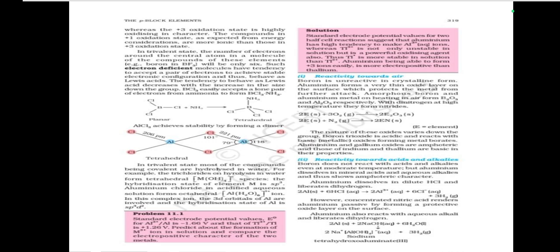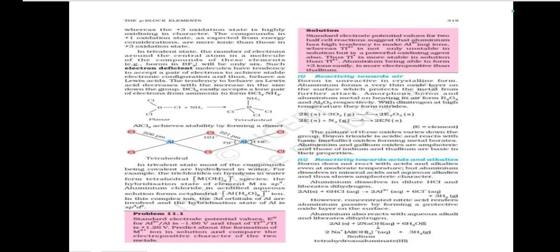Aluminum chloride in acidified aqueous solution forms the octahedral [Al(H2O)6]3+ ion, and in this complex ion the 3d orbitals of aluminum are involved and the hybridization state of aluminum is sp3d2.